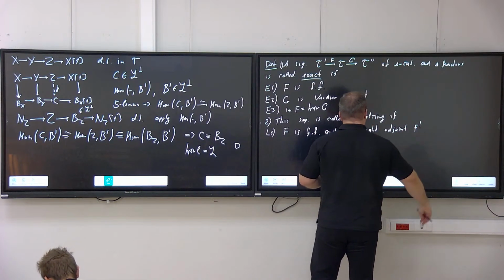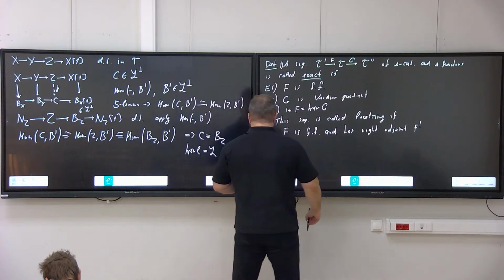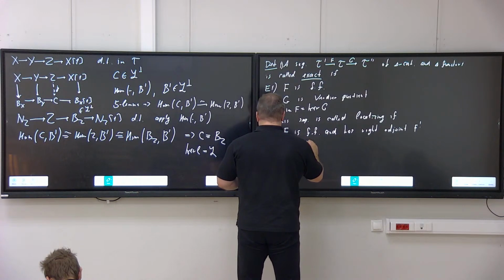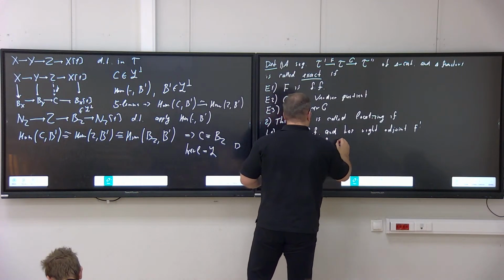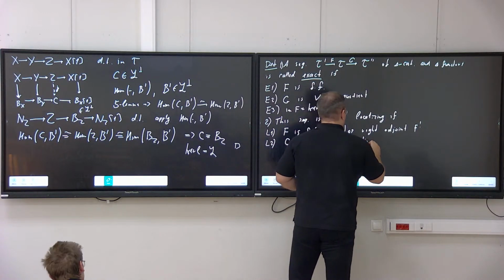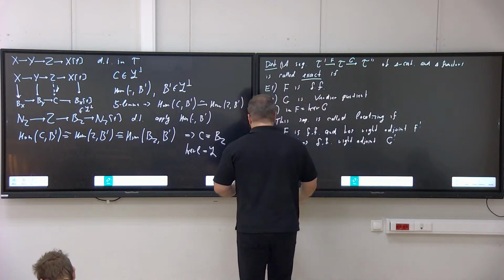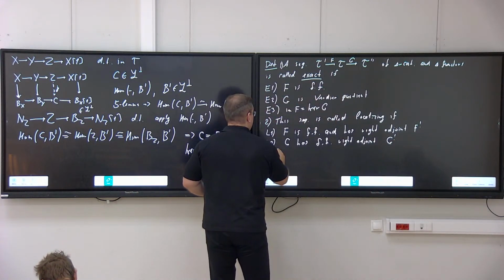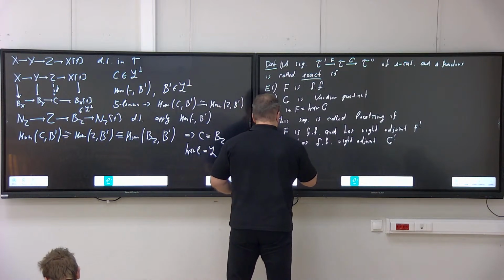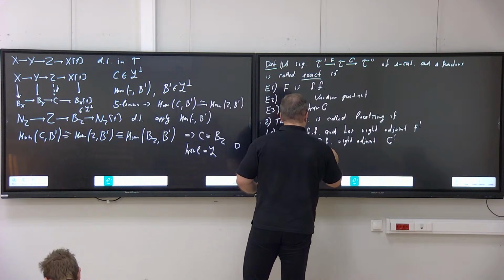I'm going to call this F with the upper shriek. Condition L2, G has a fully faithful right adjoint, G with the upper shriek. And L3 is as before, the same as E3: the image of F is the same as the kernel of G.